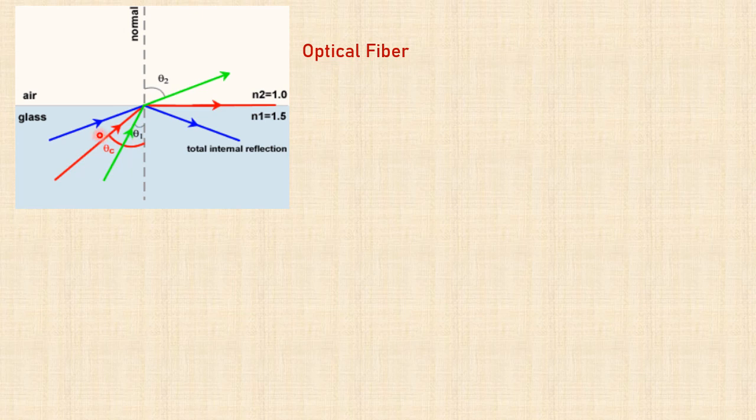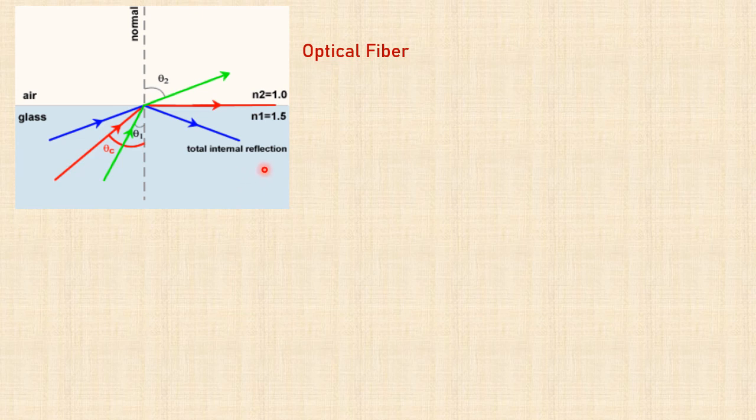Now what if I incident light at an angle greater than the critical angle? Light gets reflected back into the same denser medium. You can see the blue ray. So when light is incident at an angle greater than the critical angle, it gets reflected back into the same denser medium, and this is what we call total internal reflection.